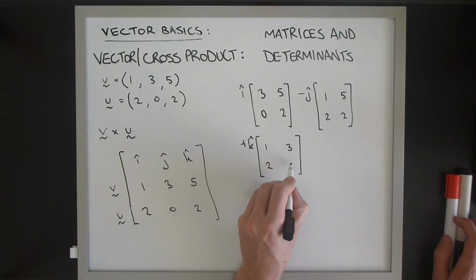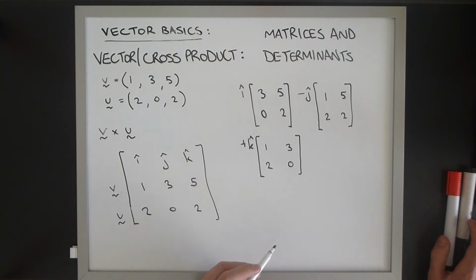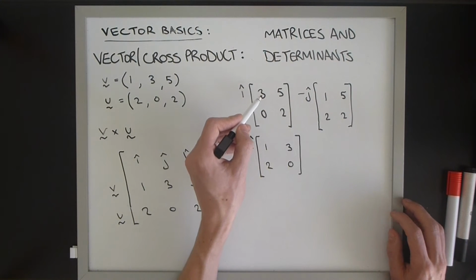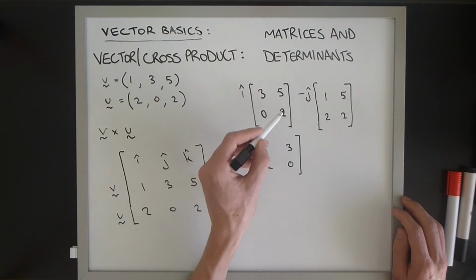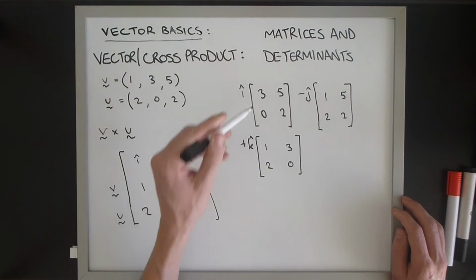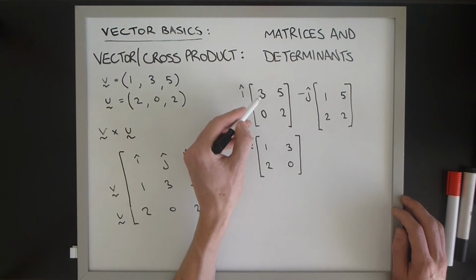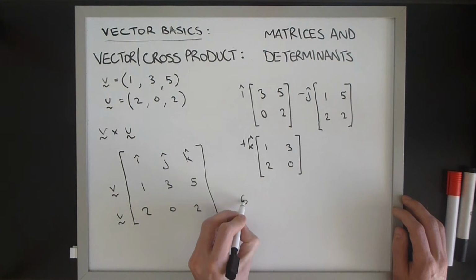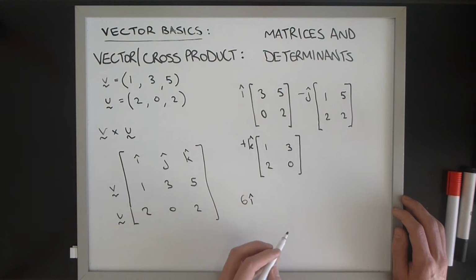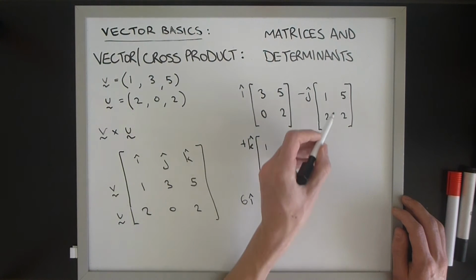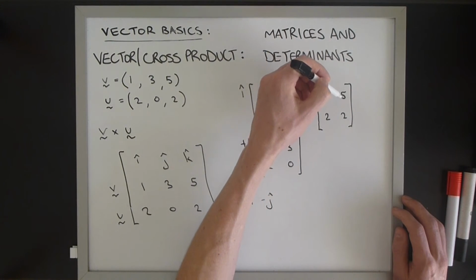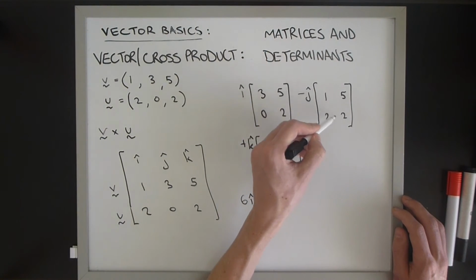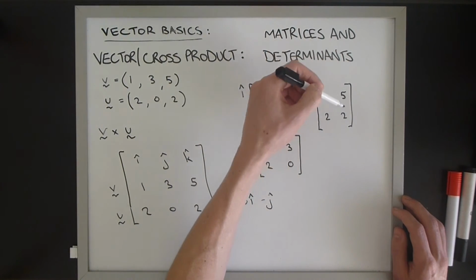And remember, with taking the determinant of a 3x3 matrix, we are multiplying a times d minus b times c. So for i, we have 6 minus 0, so it's 6i. We have minus j, 2 minus 10, so it's minus 8.